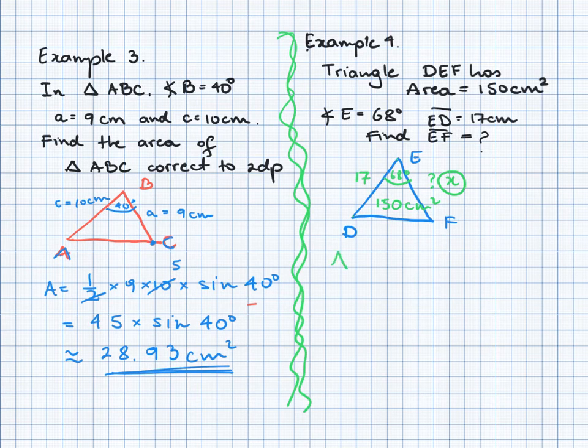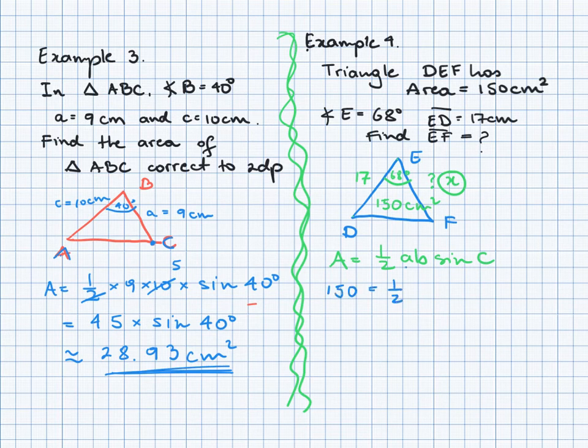We know that the area of a non-right angle triangle is half times two sides, A and B, and then sin C. I'm going to go with this rule. A is the area, and in our case the area is given, so that's 150, equal to half.